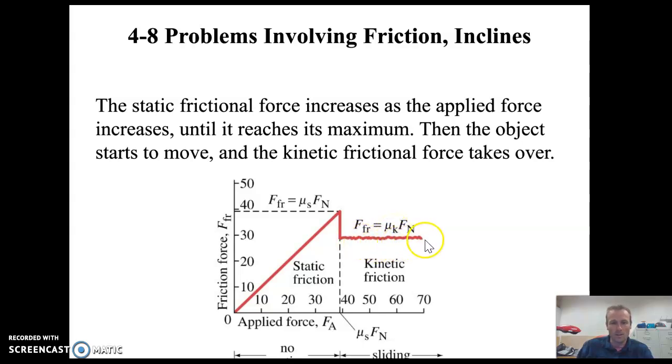It doesn't really have much to do with the speed the object is going at. If I'm going at 5 miles an hour versus 10 miles an hour, the kinetic friction force is going to be roughly the same because it only depends on that coefficient and that normal force. So that's a really important point to wrap your head around.